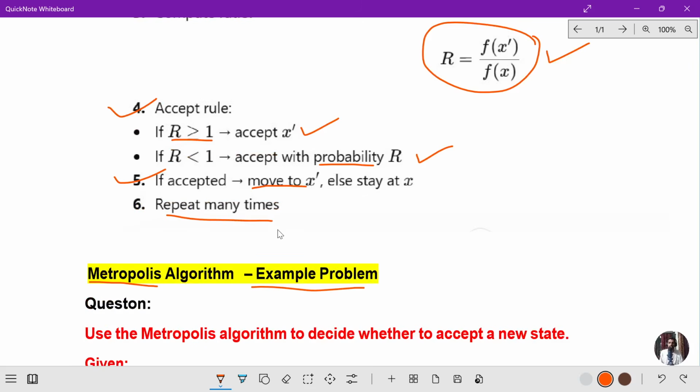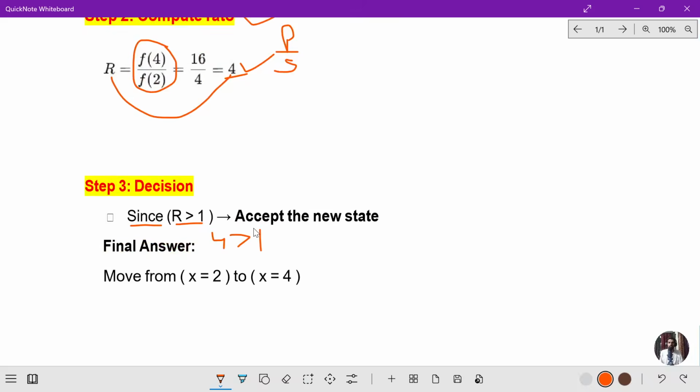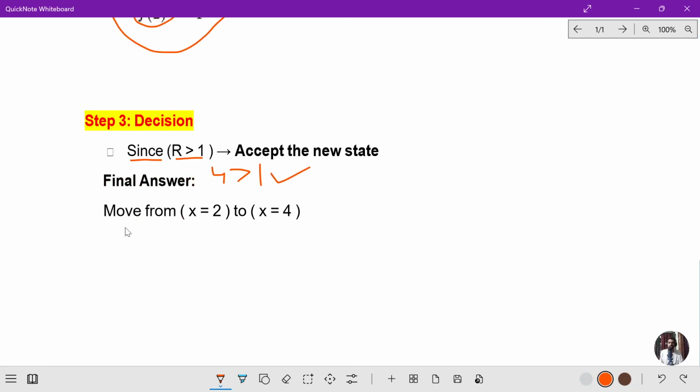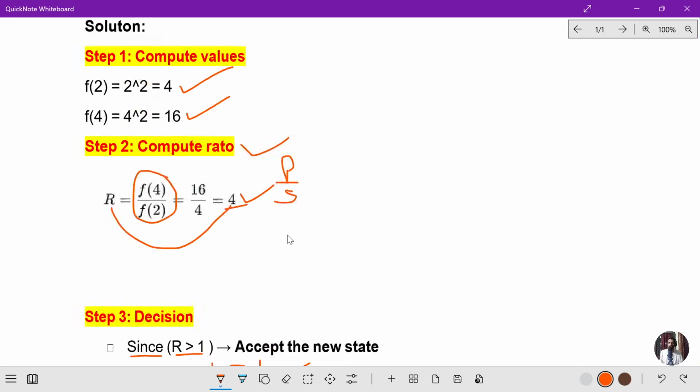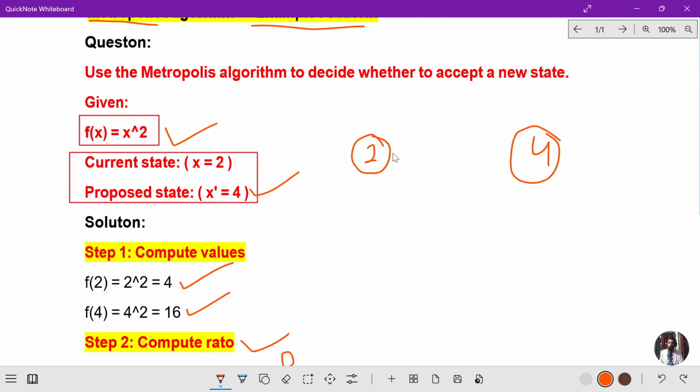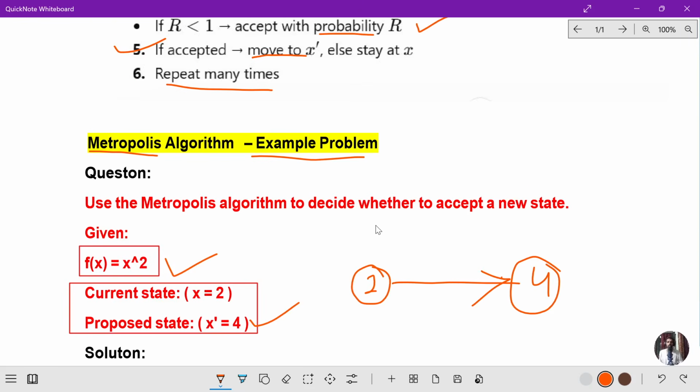Yes. So what is the condition here? If it is greater than 1, accept. So this is accepted. Then we move from x equal to 2 to x equal to 4. So after completion of 2, directly we go for 4. This is called the Metropolis algorithm.